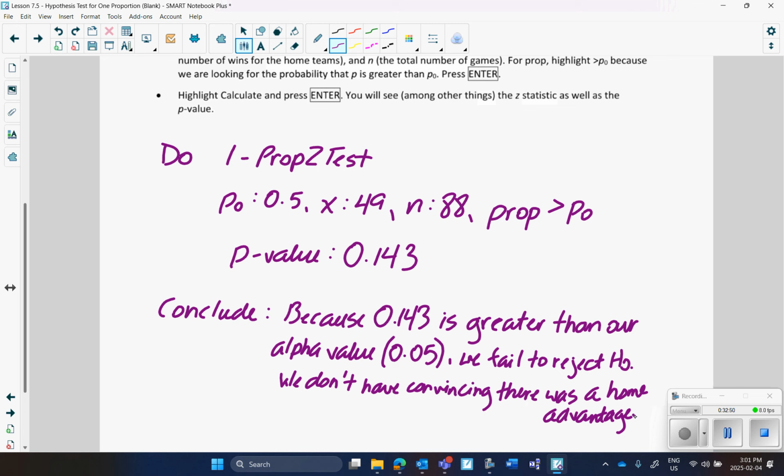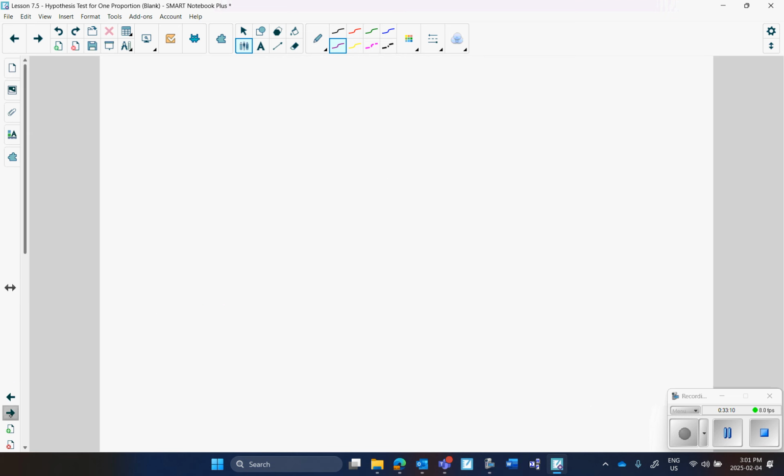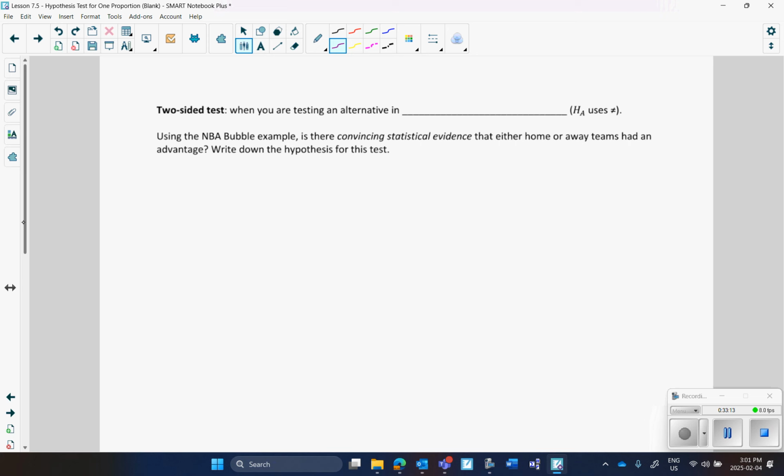If the question said to you, is there no difference in home or away court advantage? That's not equals. It's not telling you greater. It's not telling you less. It's telling you it just isn't the same. So here's an example where we use not equal, and that's called a two-sided test, when you are testing an alternative in both directions, greater than or less than.